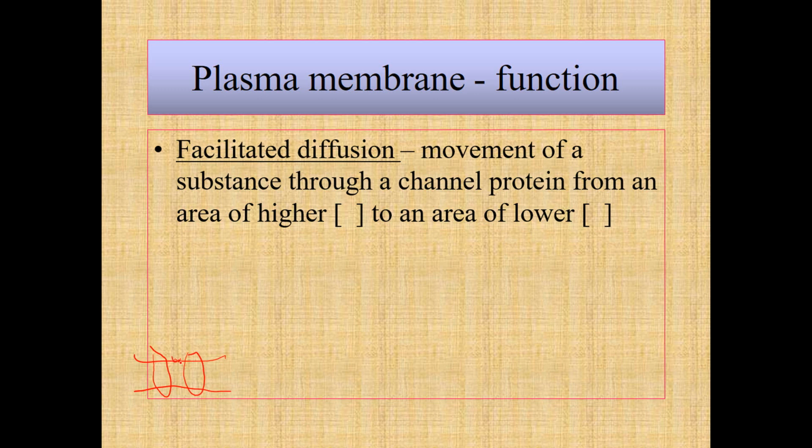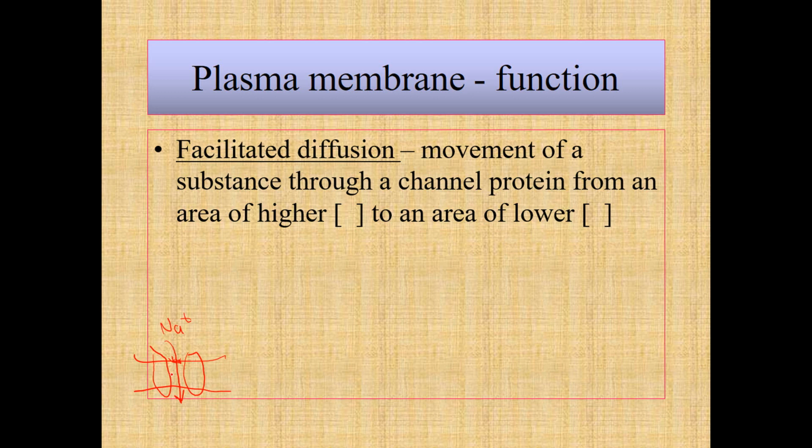So now we have this opening. So now something like sodium would be able to enter the cell. And so initially you may think that this is an active process because the cell has to build a protein and put it in, kind of like putting in a door. But this is still a passive process.